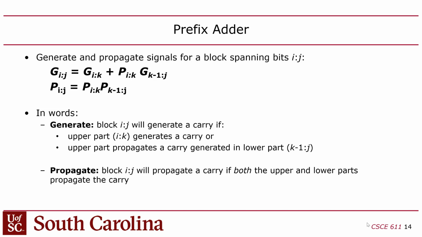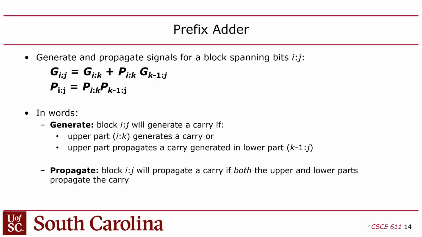Now you might say, well, that's kind of just common sense. What's the point of that? Well, that's the way that we're going to build up from just the base level single bit propagates and generates, and we're going to use them to construct this tree.